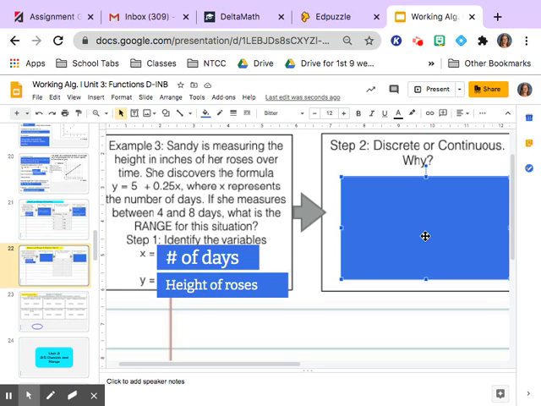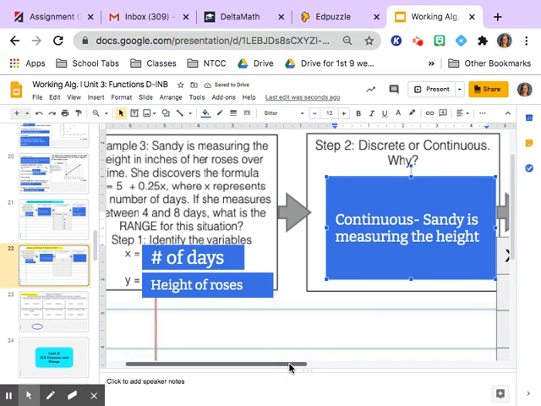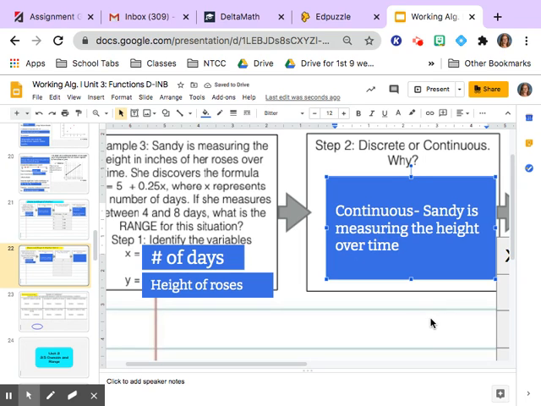It's continuous. So since she is measuring, remember continuous is used for measuring things. She is measuring the height over time. Continuous is for when you measure.